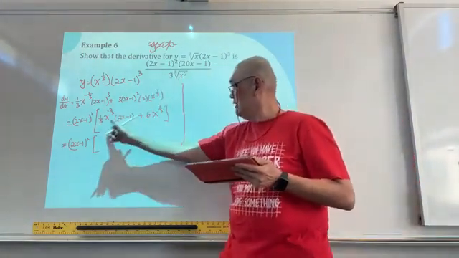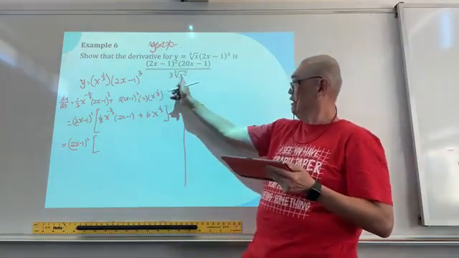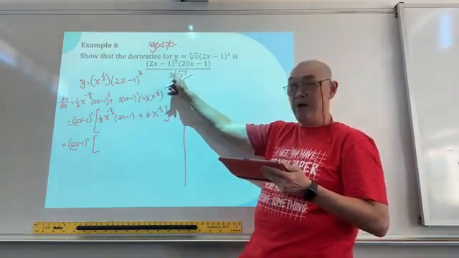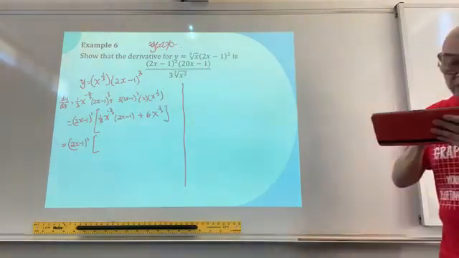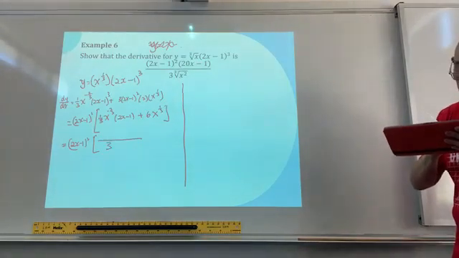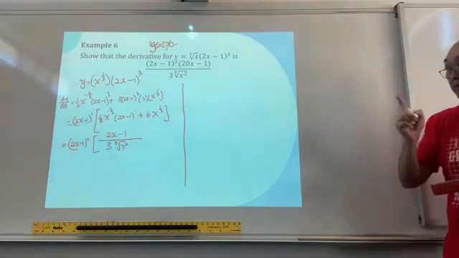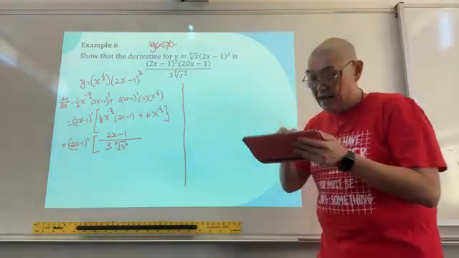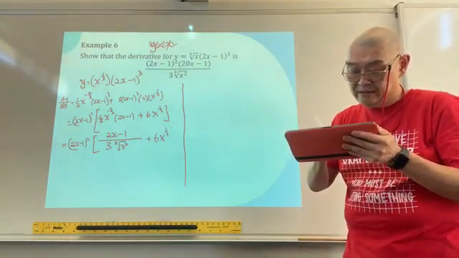So you can see that that is here, which is cube root of x squared. Yep. x to the power of minus 2/3 is 1 over cube root of x squared. So here I've got 3 cube root of x squared, and this will be 2x minus 1. And I still have 6x to the power of 1/3.